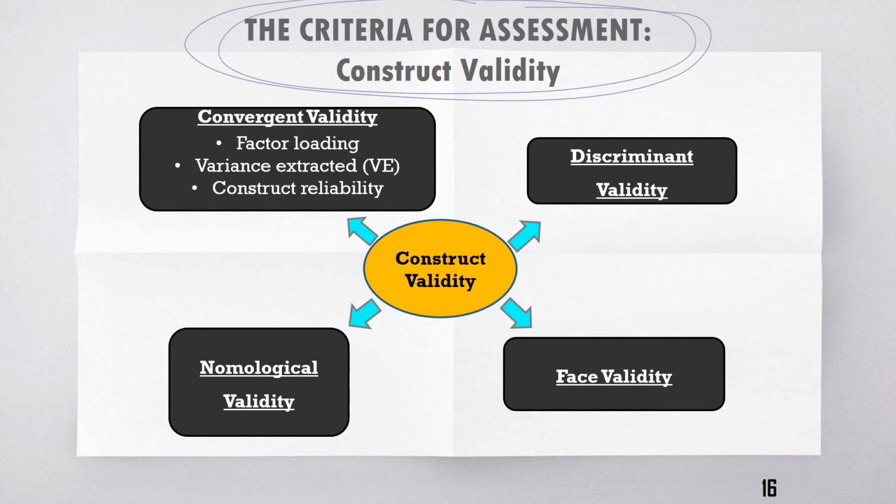Discriminant validity is the extent to which a construct is truly distinct from other constructs. As for the face validity, it must be established prior to any theoretical testing when using confirmatory factor analysis. The last one is nomological validity. It is tested by examining whether the correlations among the constructs in a measurement theory make sense or not.